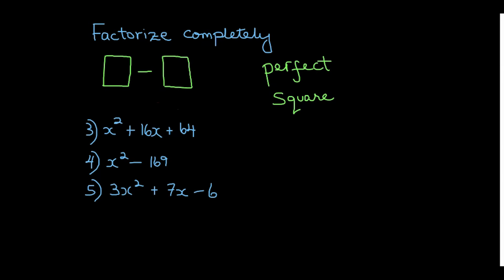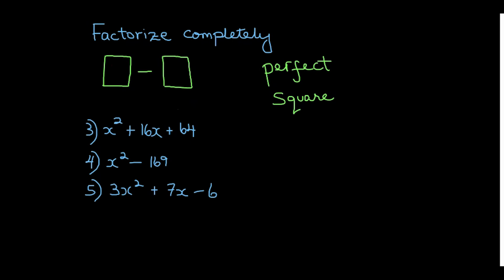Can anybody here identify one of the expressions which we can associate with the difference of two squares? Lovely, this one. So this is our difference of two squares, x squared minus 169. We have two square terms, and we find the difference of them.